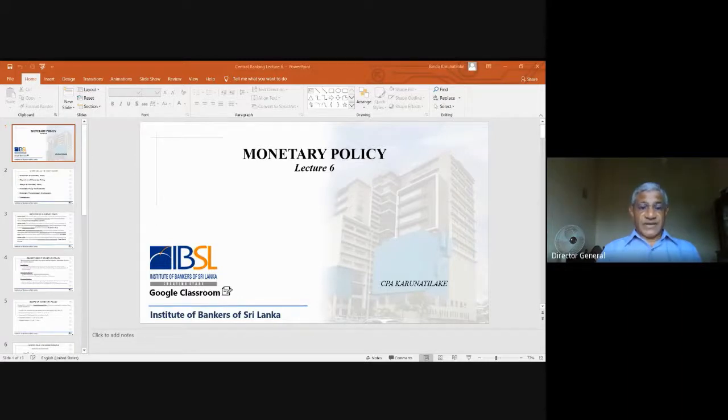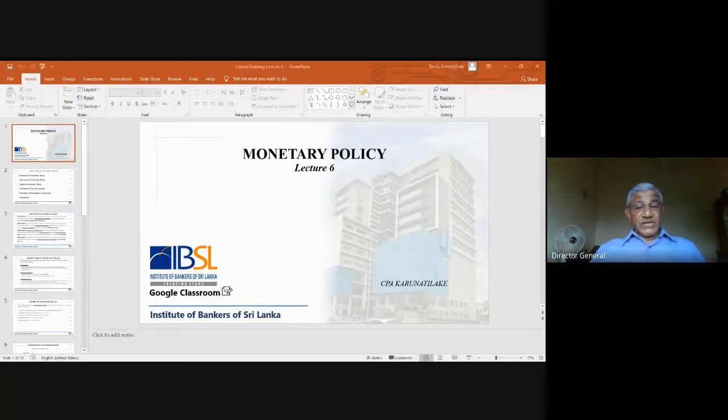Whenever the central bank reduces assets, the liabilities also go down accordingly. So assets and liabilities move in the same direction, at the same magnitude. If the central bank acquires domestic assets of 100 rupees, it issues 100 rupees of new cash, new legal tender, to the system, and liabilities go up accordingly.